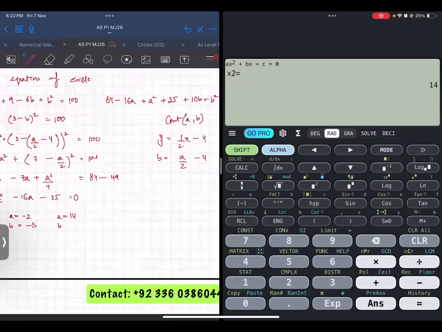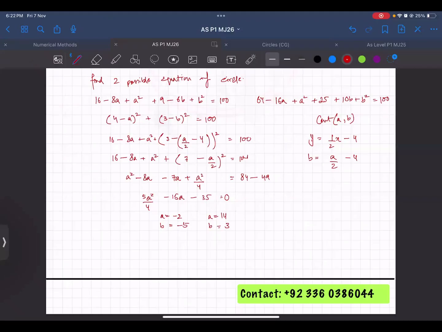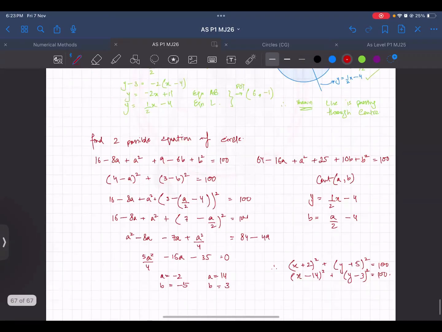And 14 upon 2 is 7, 7 minus 4 is 3. So these are the two centers. And so therefore the equations of the circles are x plus 2 whole square plus y plus 5 whole square is equal to 100. And the other one is x minus 14 whole square plus y minus 3 whole square is equal to 100. 5 marks.